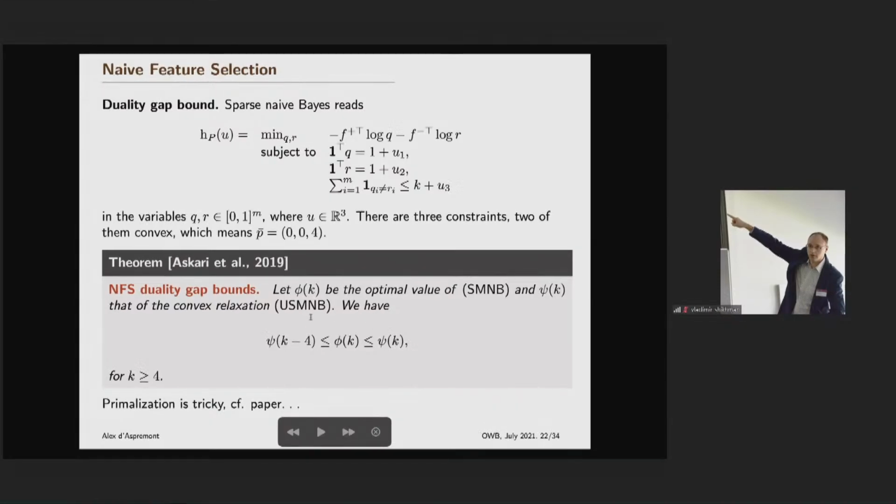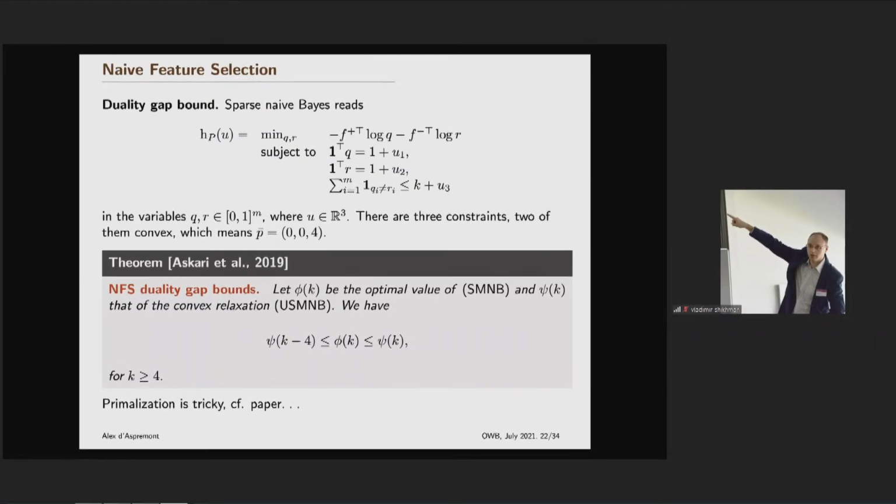And what's interesting here is that basically Shapley-Folkman means that phi k is sandwiched between psi k and psi k minus 4. And so what happens is that whenever the function psi k becomes flat, then the relaxation is tight.